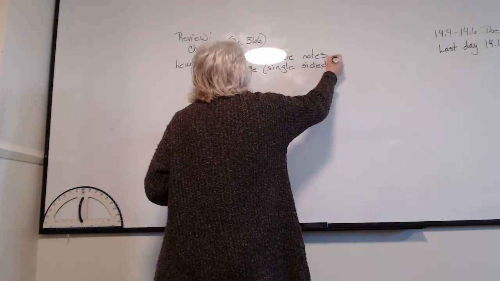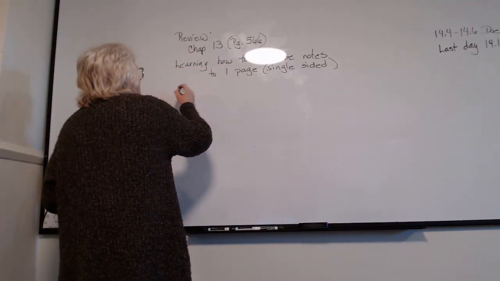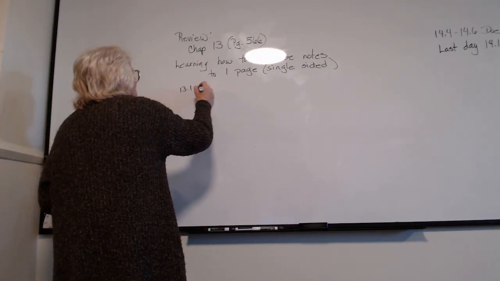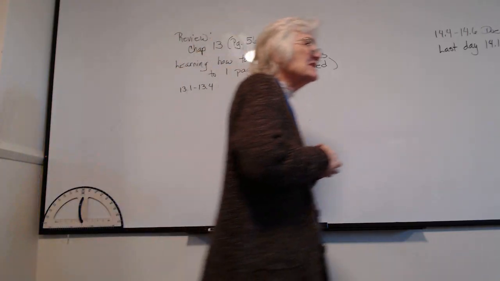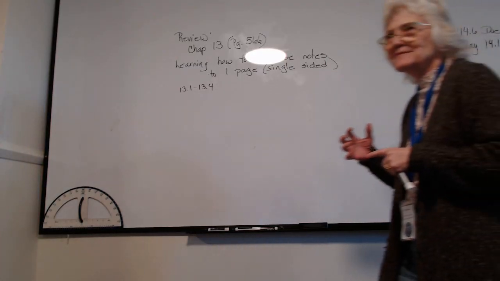We did 13.1 to 13.4 is all. So out of those sections, out of those notes, what do you think are some of the ideas that you would put? So what we're thinking of is you have to condense all the topics to one page of notes that you can use, okay?